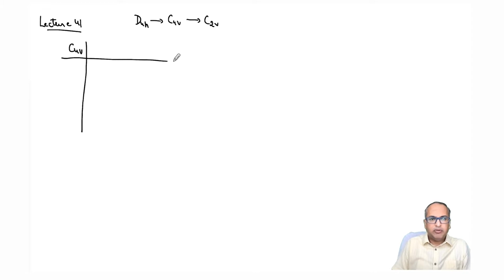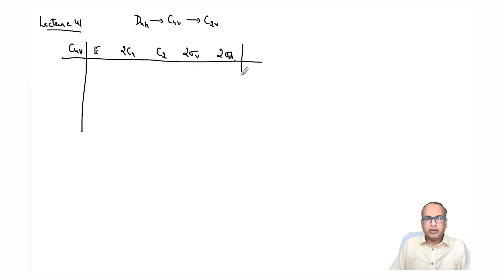So now for C4v, we know that there are symmetry operations which are E, 2C4, C2, 2σv, and 2σd, right? And the Mulliken symbols for IR representations are A1, A2, B1, B2, and E, right? So there are 5 classes, so 5 IRs are present.